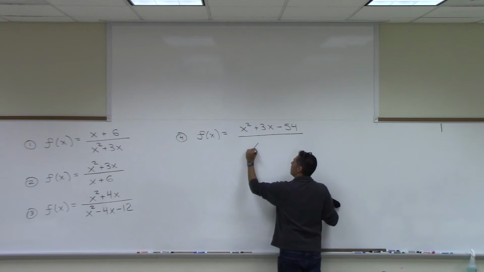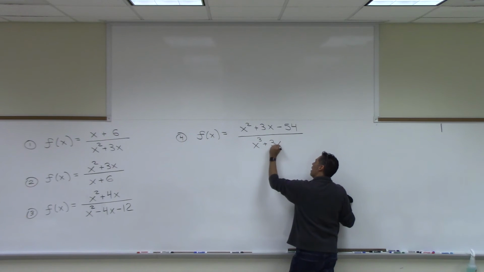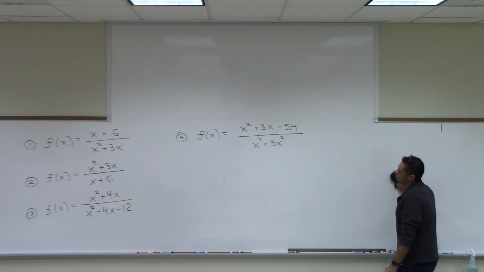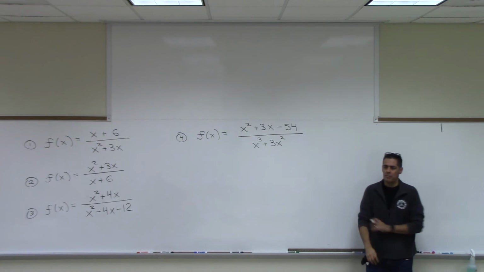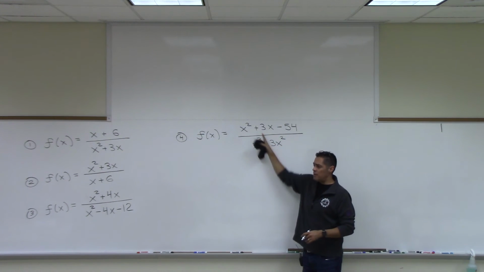And then on the bottom, x cubed plus 3x squared. Yep. That's case 1, right? Degree of the top's smaller than bottom.